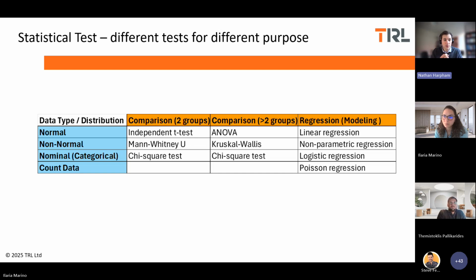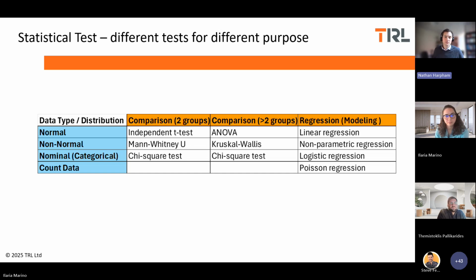Firstly, can you use a parametric test or do you need a non-parametric test? Combined with that question, what type of data have you got and how many groups are you trying to compare? If you can answer those three questions, then usually you land on a particular kind of test or approach. So that's maybe your initial decision-making process.